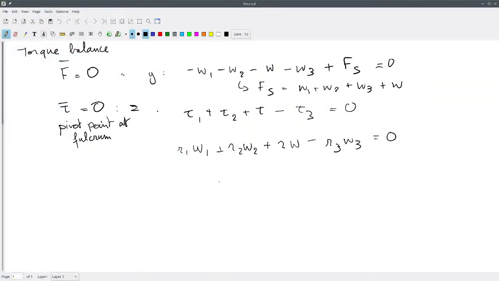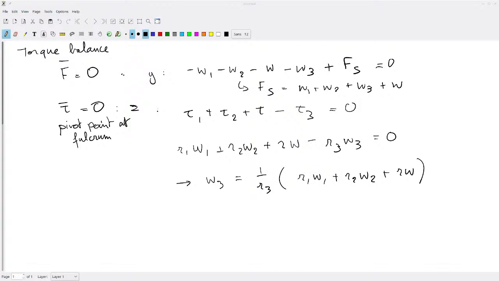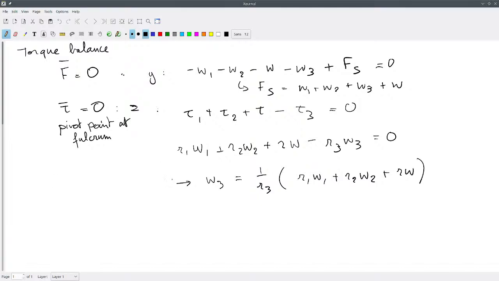So we'll be able to rewrite this as W3 is equal to 1 over R3 times R1 W1 plus R2 W2 plus RW. And we can plug in those numbers. And when we plug in the numbers for those particular values, we'll get the value for mass 3.